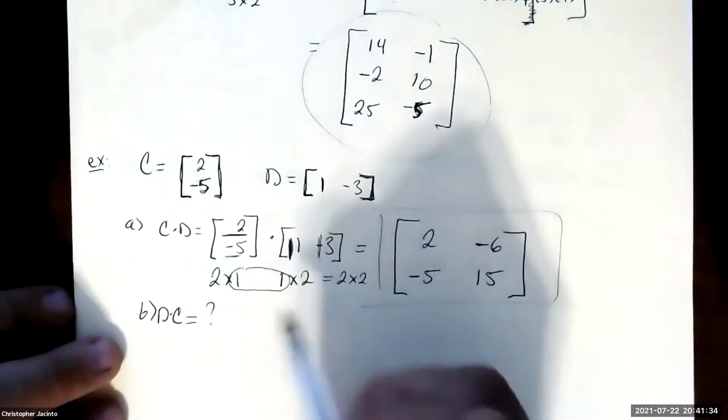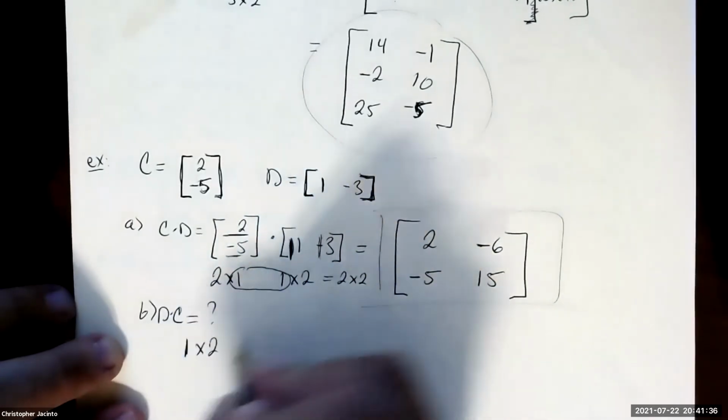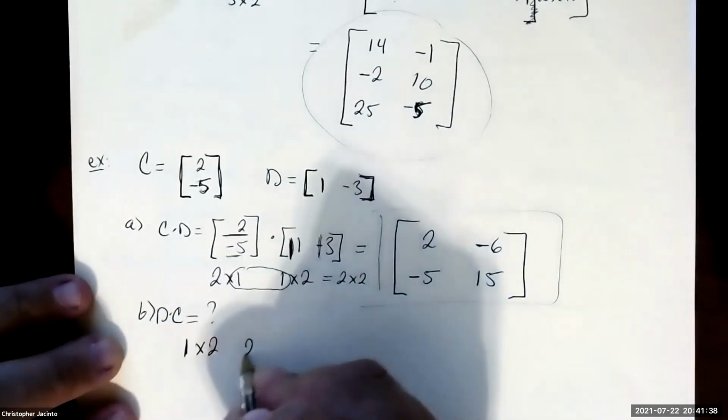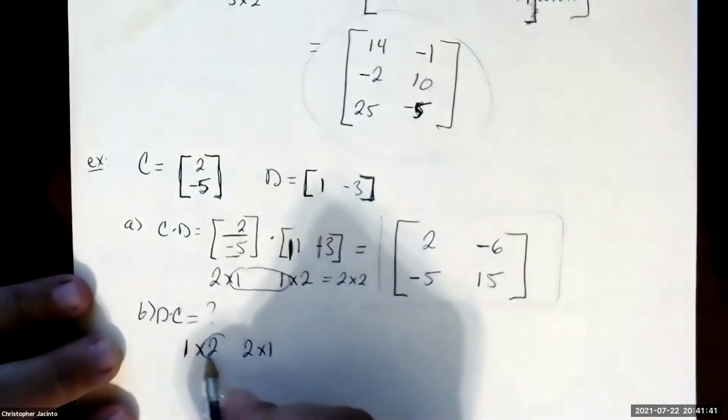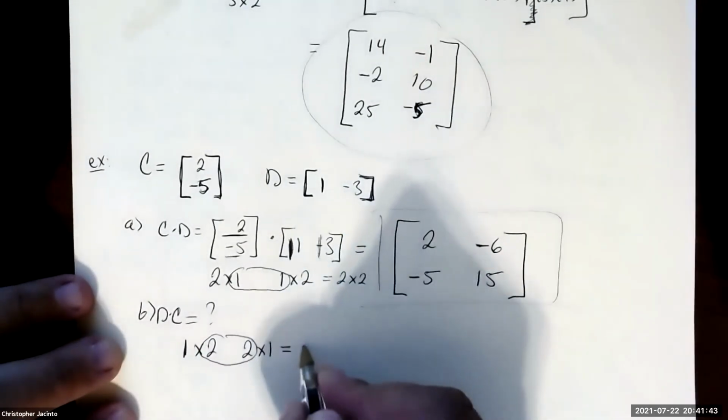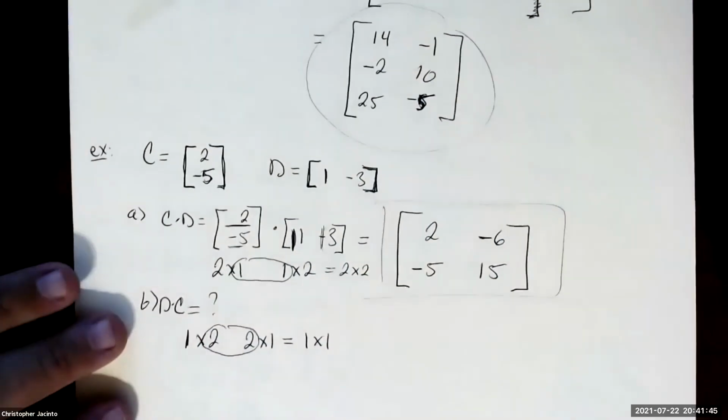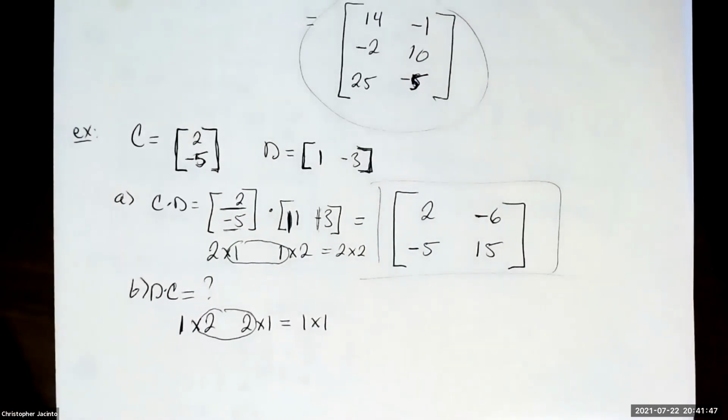Let's find out, right? This is D, so this is a 1 by 2, and C is a 2 by 1, so it is possible. You'll get a 1 by 1 matrix. So yes, it's possible.